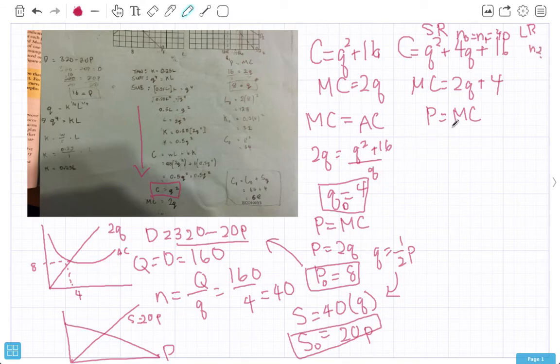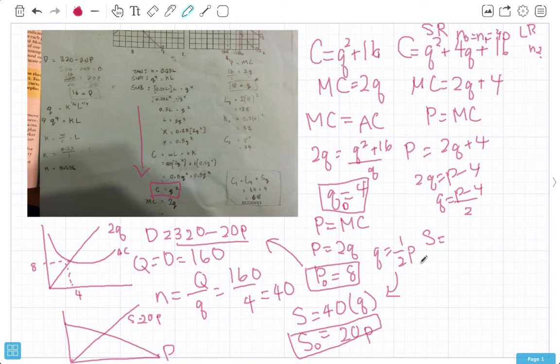So P equals MC. Now isolate q, or solve for q. You would have 2q equals P minus 4, so q equals P minus 4 over 2. Now doing that, you can use this thing here.